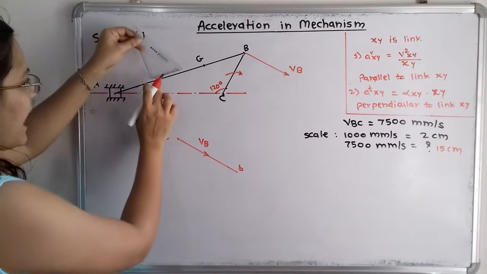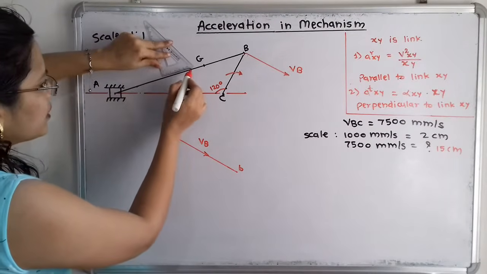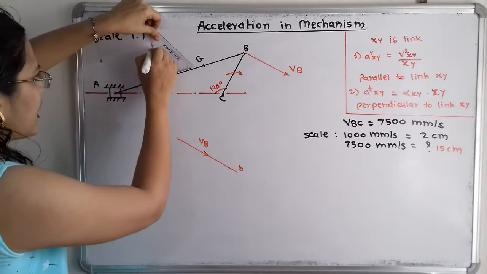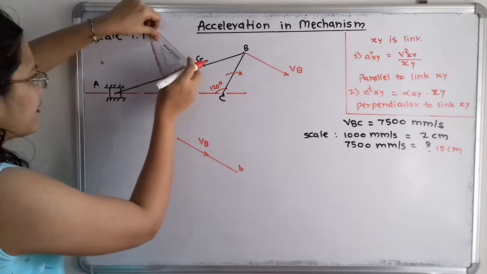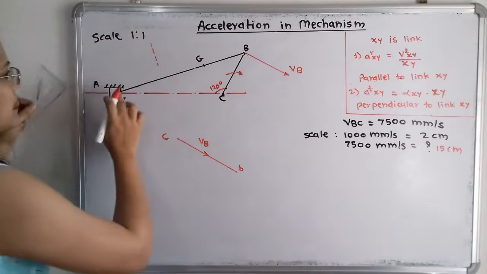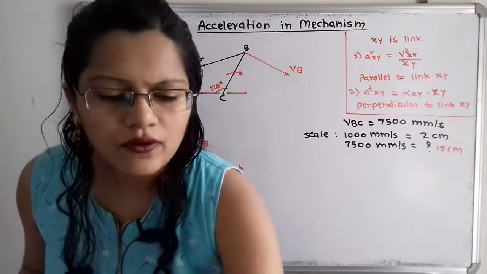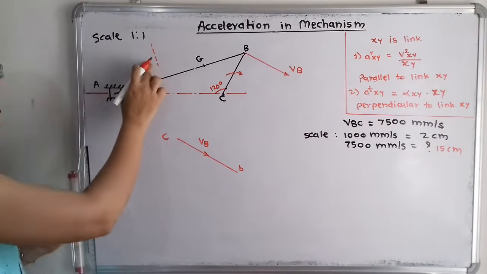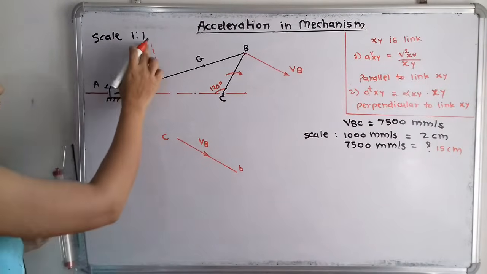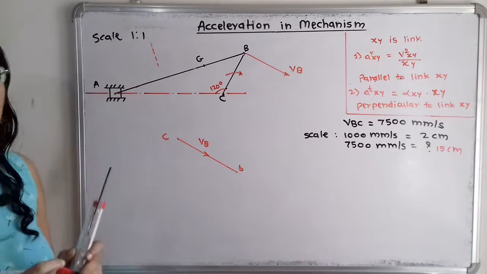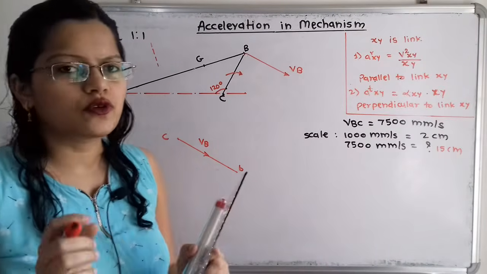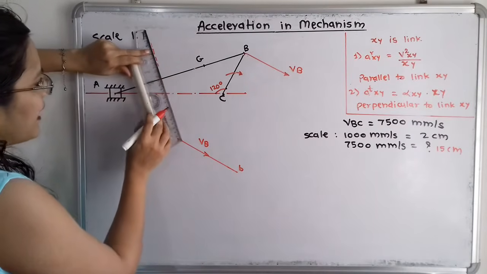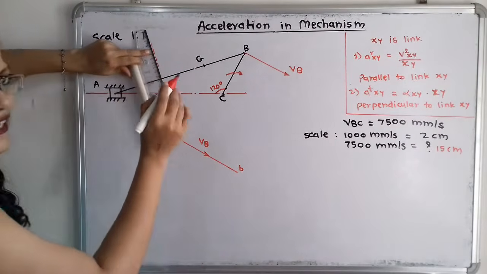So for this link I will align this protractor, that is one edge, with this link BA, and from the other edge I will draw here one construction line that is perpendicular to this link BA. Now in which direction from point B we have to project this line parallel to this perpendicular line, we don't know. So I will take here the line that is in this direction.